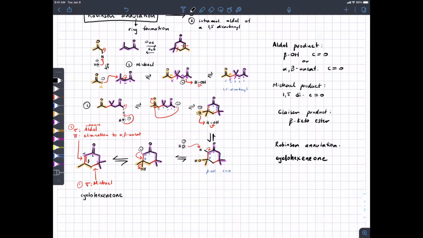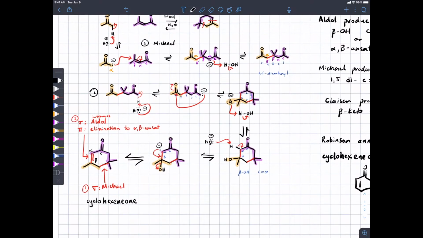That is the product of a Robinson annulation. And that's a fairly recognizable structural pattern, six-membered ring with a conjugated double bond and carbonyl. If you see that, you could have made that via the Robinson annulation.